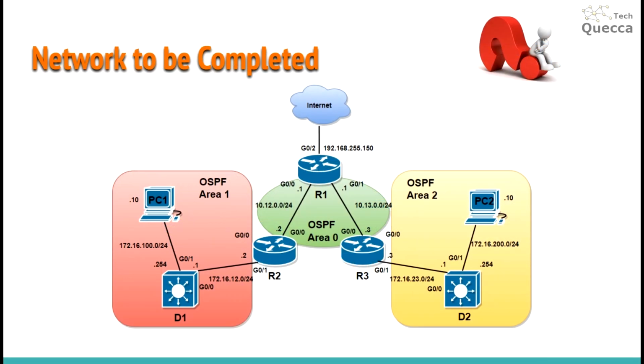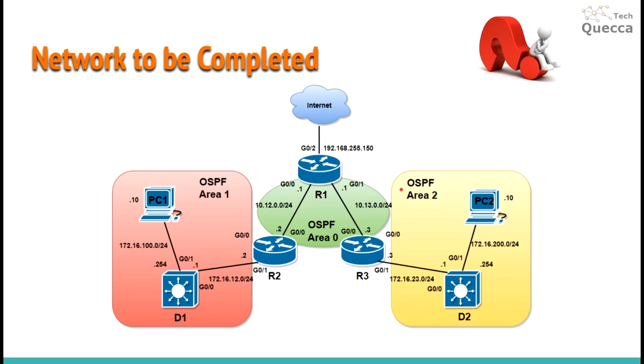So this is our network to be completed today. We have 3 routers R1, R2, R3. We have 2 layer 3 switches D1, D2 and 2 hosts PC1 and PC2. Then we need to configure multi-area OSPF with area 1, area 0 backbone area and area 2.